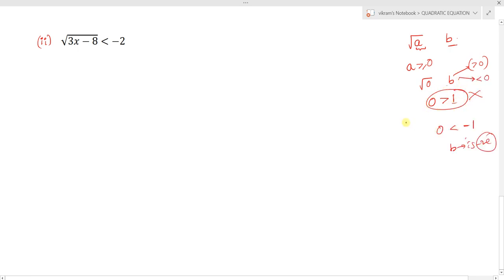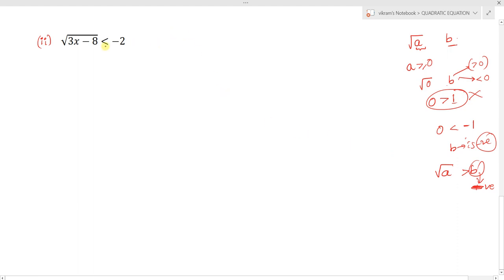Now here, what he has given: the square root of a quantity is always... okay, b is negative. When is this possible? When b is negative, we need to make it as square root of a greater than b, and this will exist.